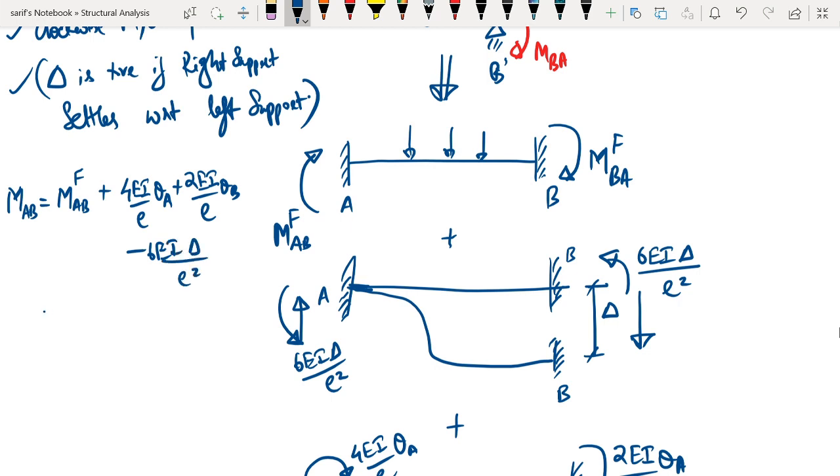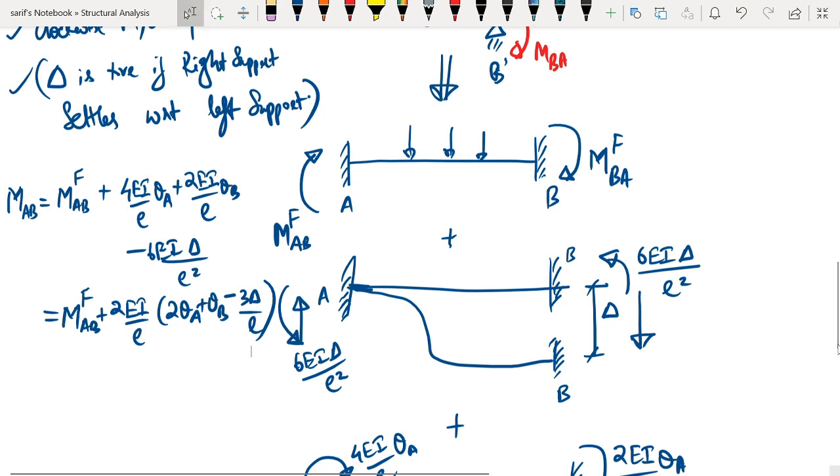If I try to rewrite this, what I am going to get is MFAB plus, taking 2 EI by L outside, into 2 theta A plus theta B minus 3 delta by L. This is what we call the slope deflection equation.